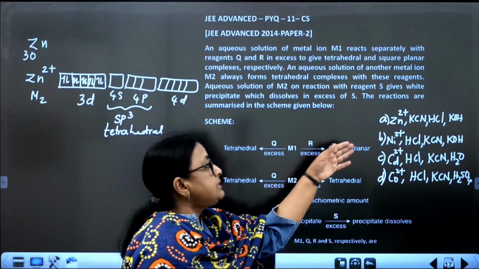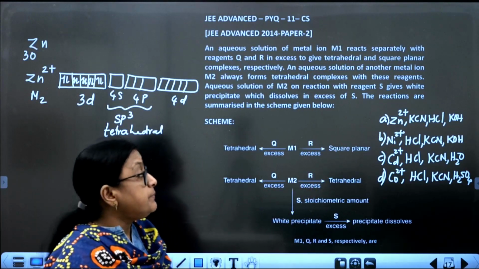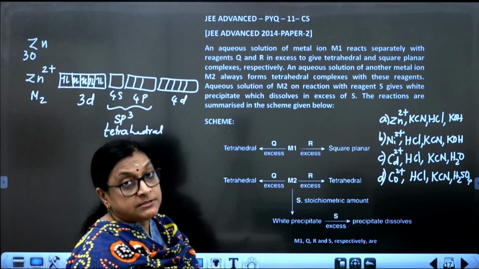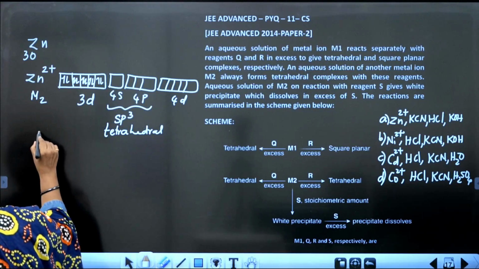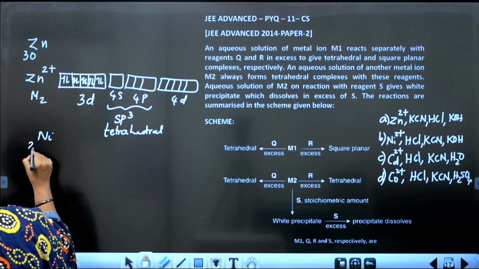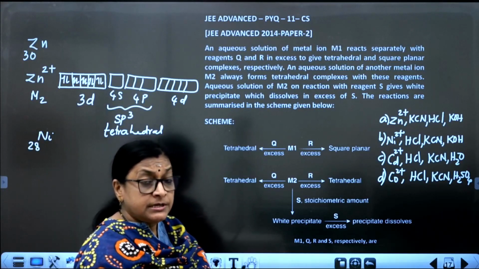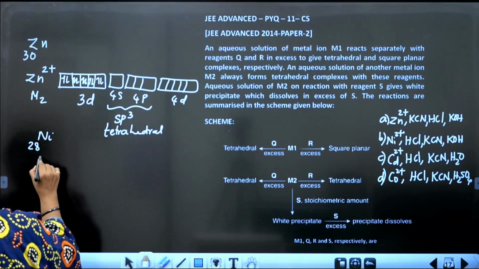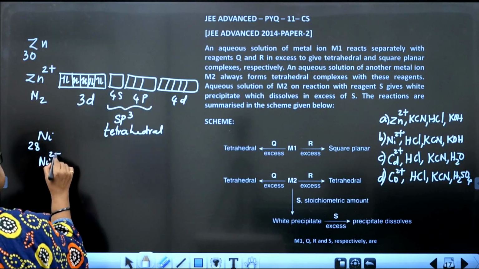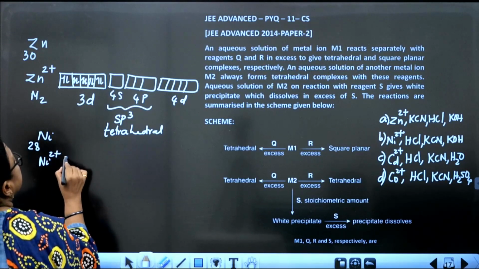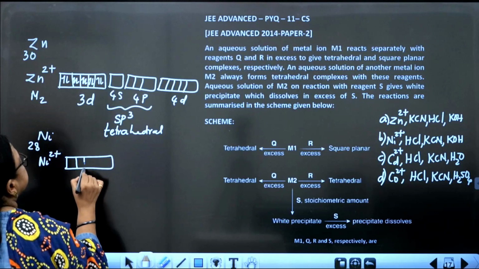So let us go to the next option, nickel 2+. Yes, for nickel 28, we know the valence configuration is 4s2 3d8, and when it is nickel 2+, its configuration becomes a d8 system.